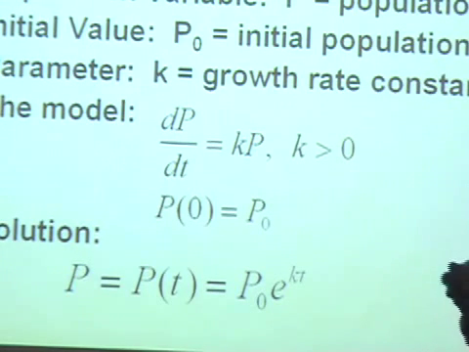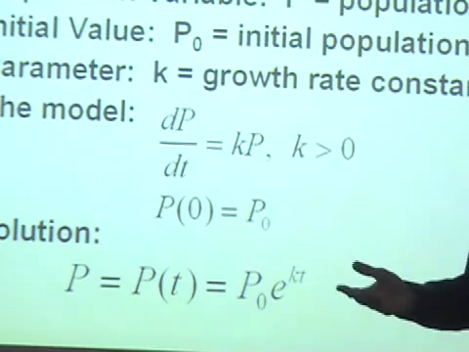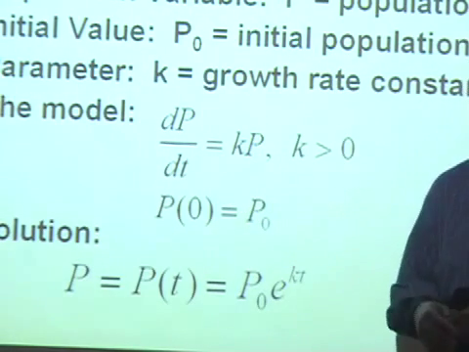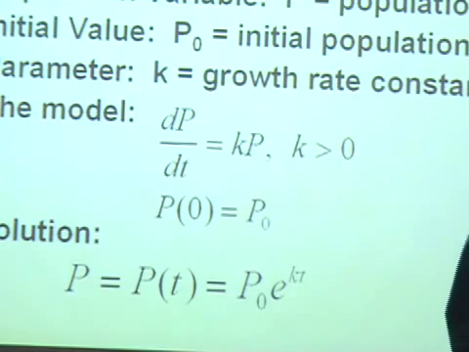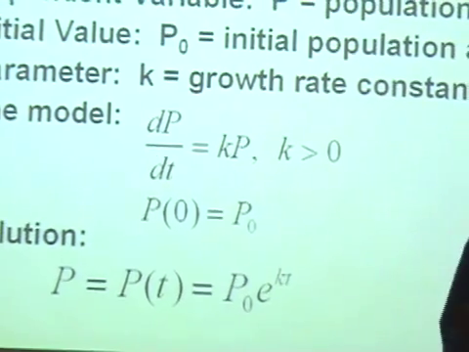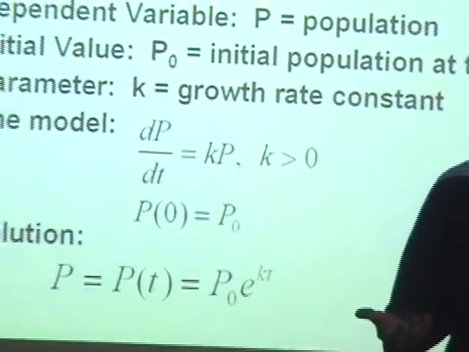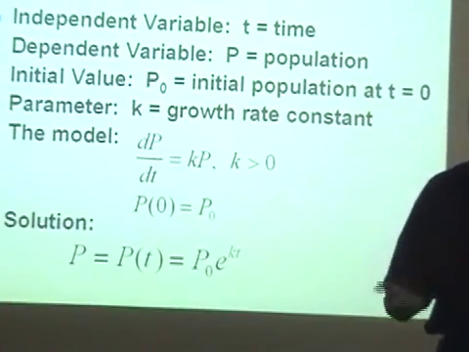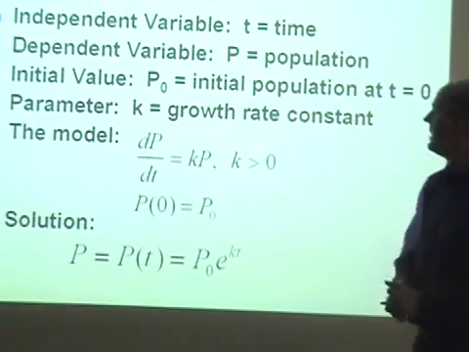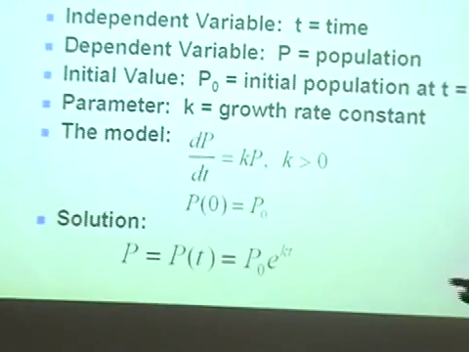You might start off by saying that the rate of change of the population is proportional to the population itself. The more bacteria you have, the faster the population is going to grow, because there's more bacteria to reproduce. Same with other kinds of things.